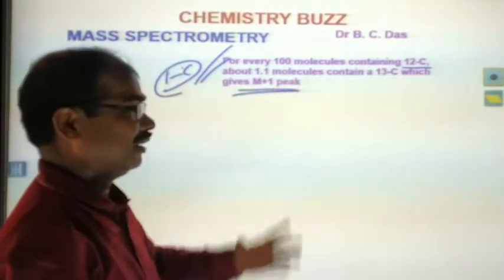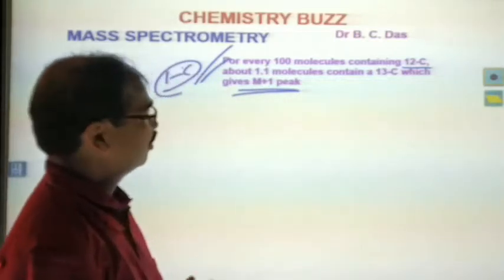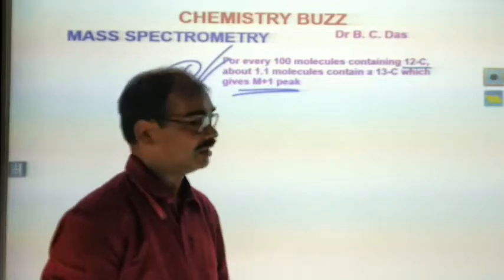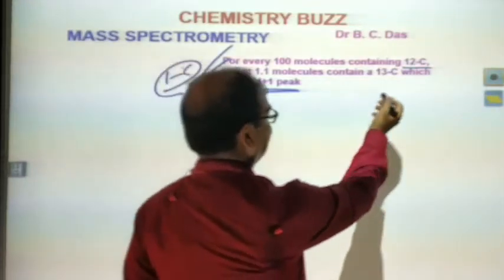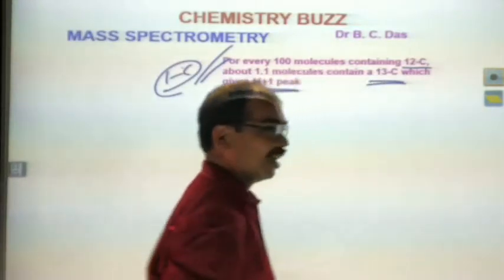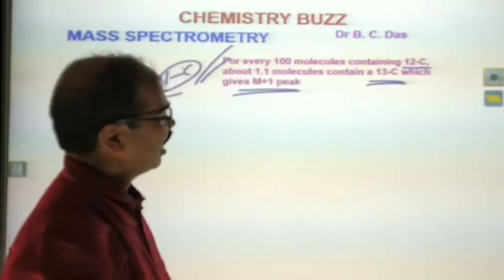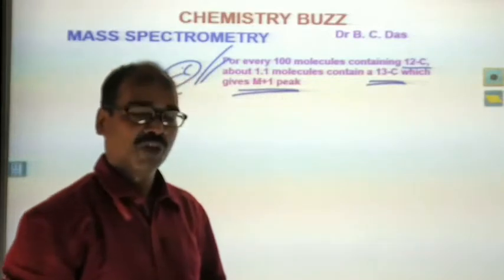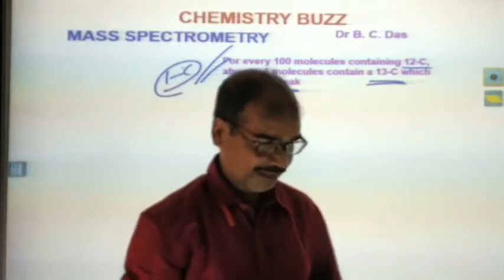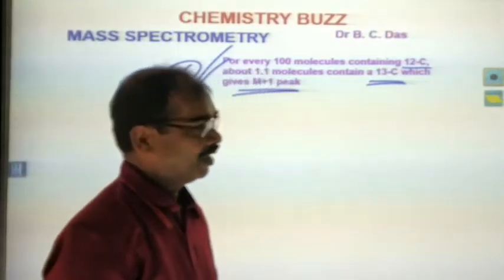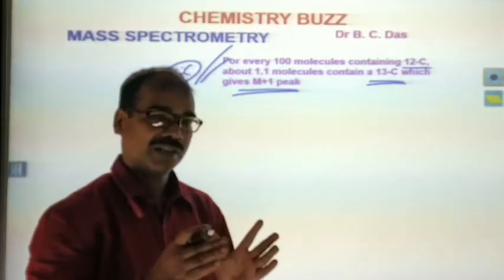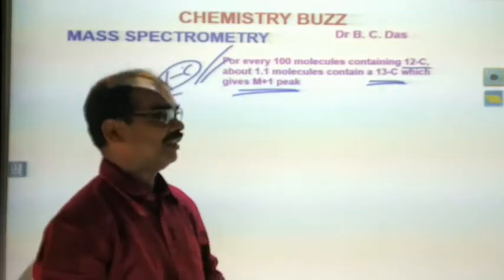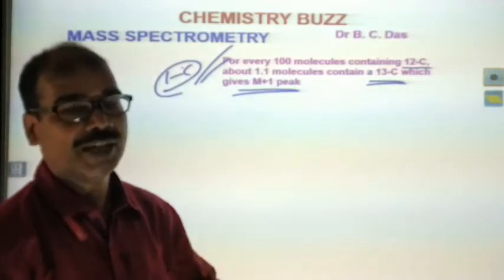And if the total number of molecules is say 1000 or 10,000, then the 13C amount will be appreciable and it will give the M+1 peak. So the M+1 peak is the isotopic peak, and for each ion we can have a small peak, that will be the isotopic peak, that is M+1.